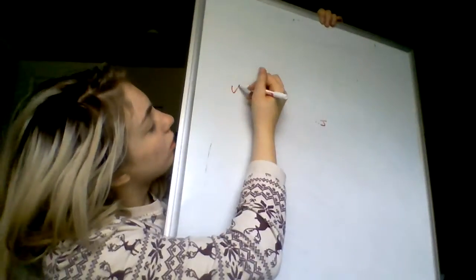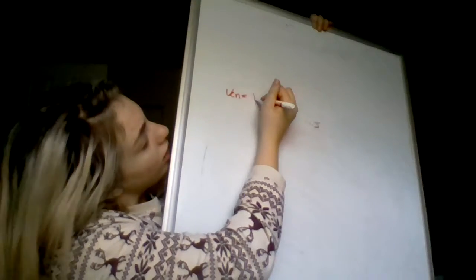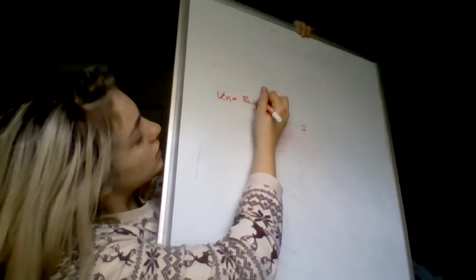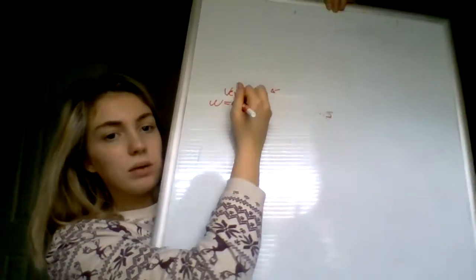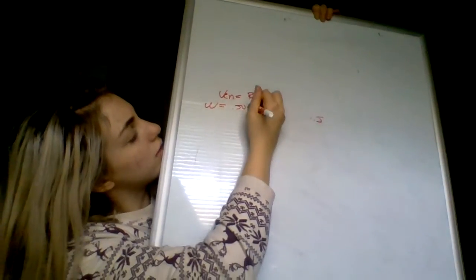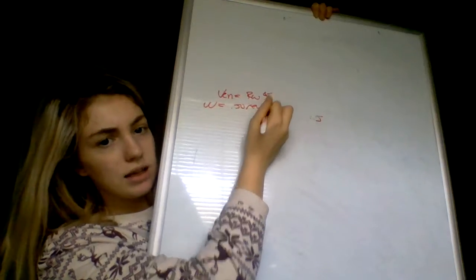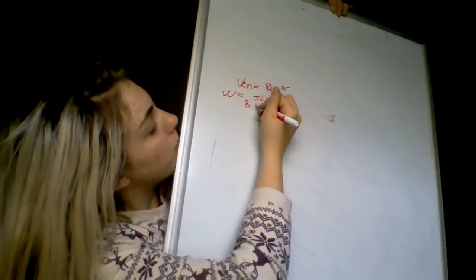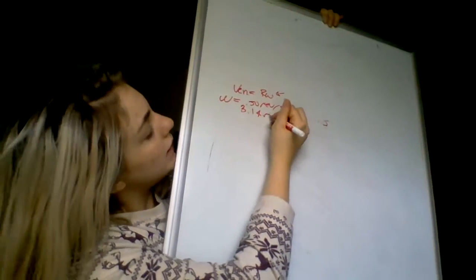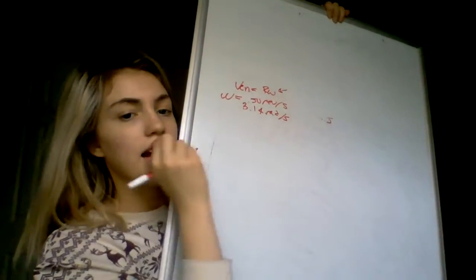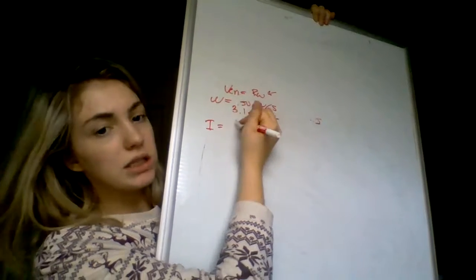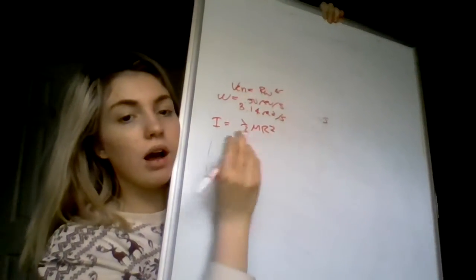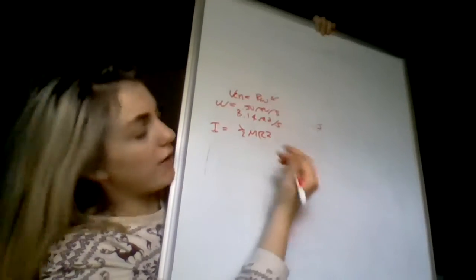So I'm going to use this equation, and then this right here equals 0.5 revolutions per second, which can be converted to 3.14 radians per second. And then I'm going to use this equation, 1/2 mr squared, where r equals 0.5, just given.